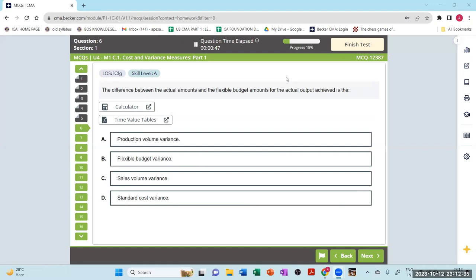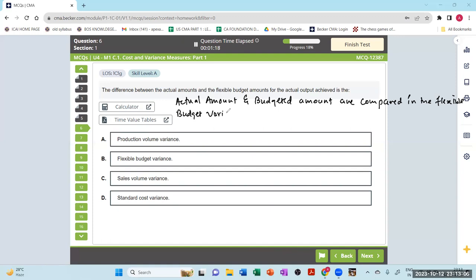Now, actual amount and budgeted amounts are compared in the flexible budget variance, right? What is flexible budget variance?